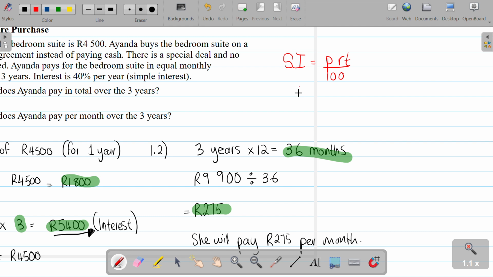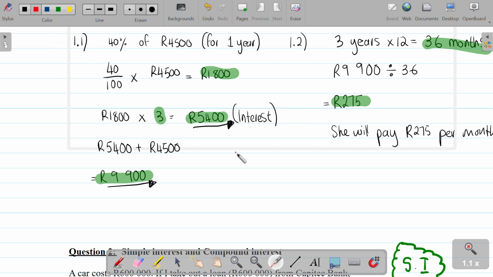So you would say 4,500 times, that's P, remember. R is the rate, so you would say 40 for 40%, and then times 3 for the amount of years, all over 100. And this actually also gives us 5,400. So if you look at this amount over here, you'll see that it matches this amount over here.